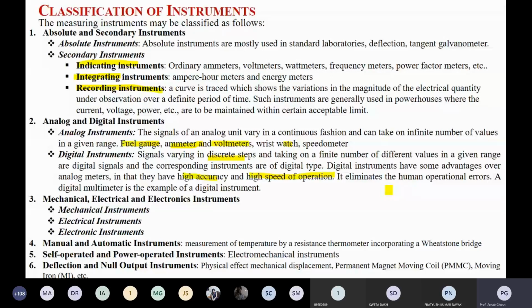If you don't know the actual range of the voltage, take one example. In your laboratory you have different types of voltmeters. Take a DC voltmeter, where the circuit is related to DC.